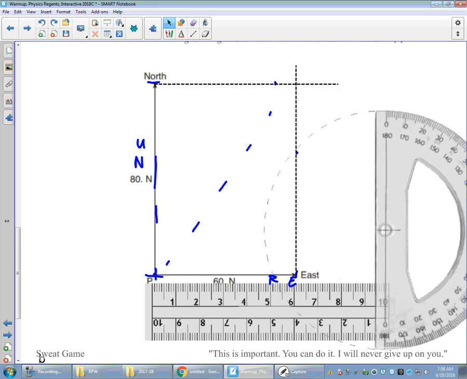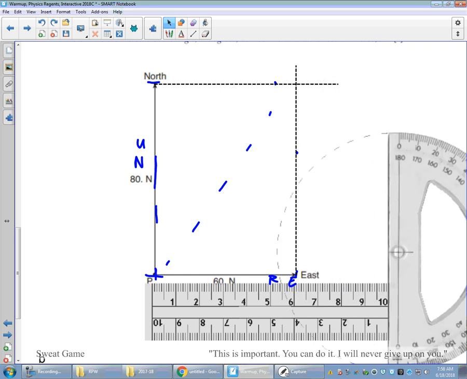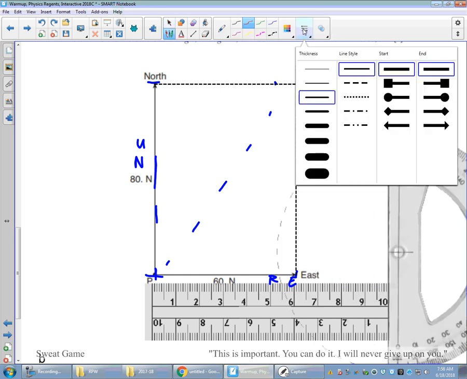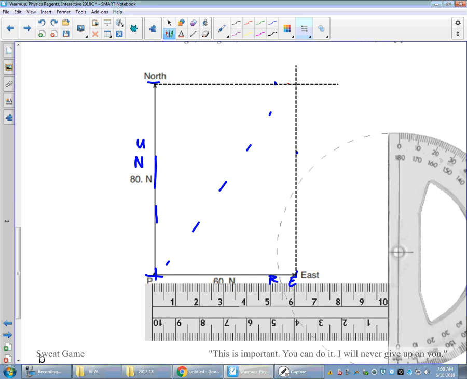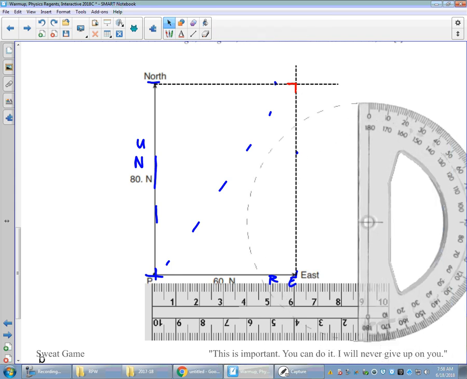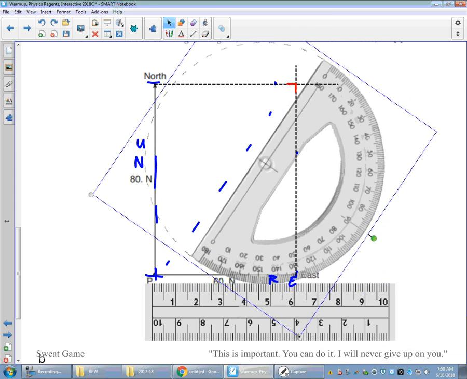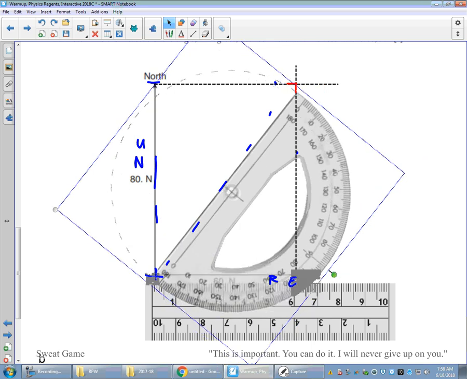Look at where they cross. That is northeast. You can actually come over there and nestle your little arrowhead right into that spot. That's where my resultant's going to be. Make sure we can see the arrowhead. And then, of course, most of you are using a protractor straight edge. Line that up over here again.